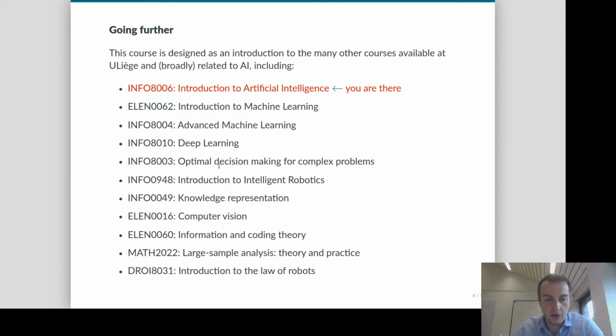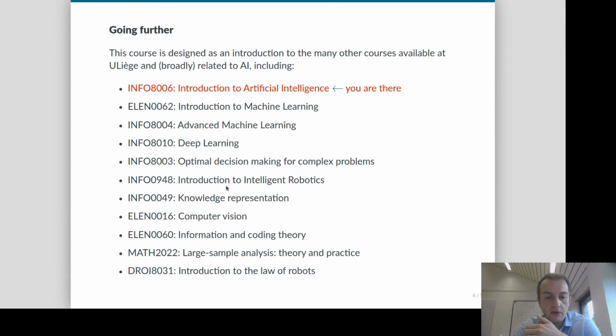Then we have a course about optimal decision making for complex problems, which is basically a course about reinforcement learning. Then you have several courses on robotics, but I've only included one here, which is known as Introduction to Intelligent Robotics.